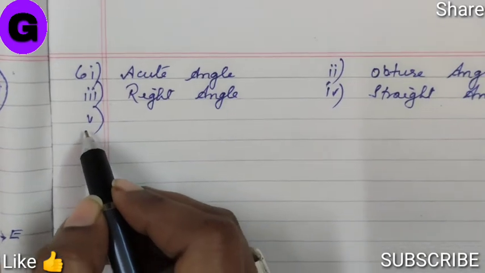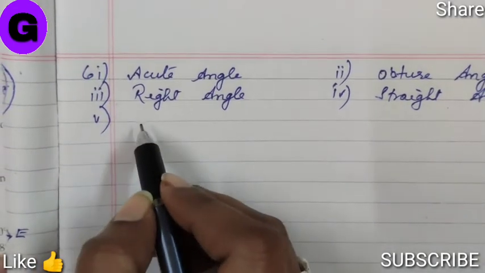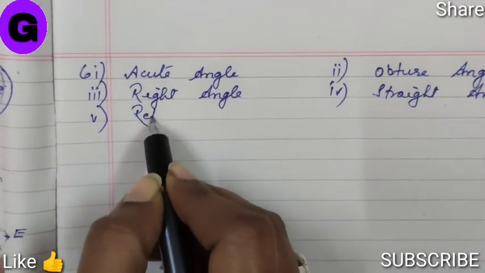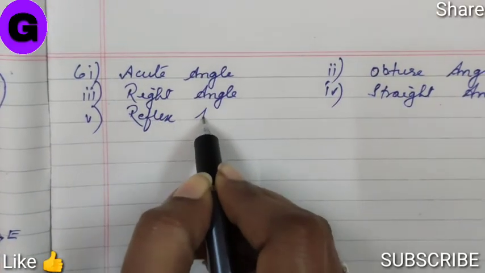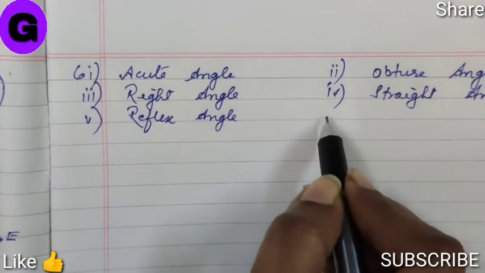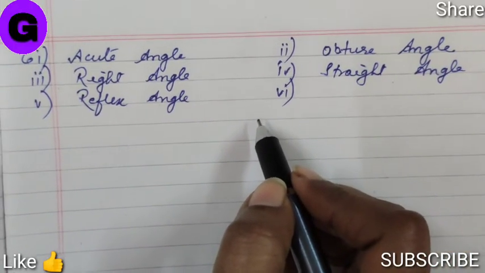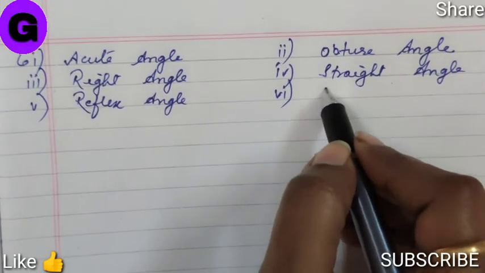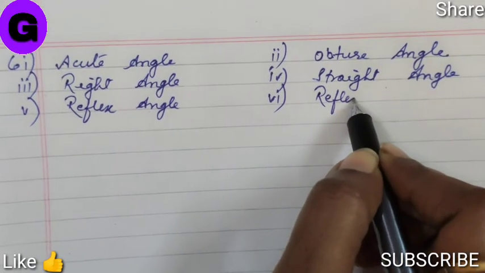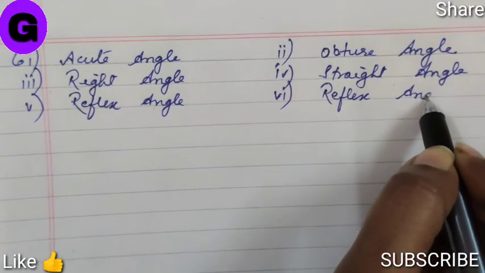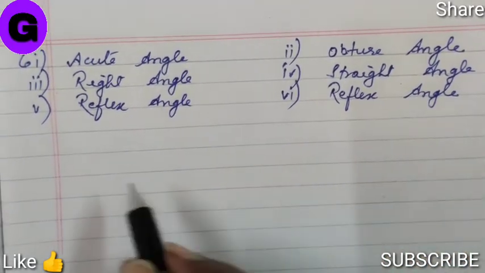Number 5. 215 degrees. Reflex angle. Number 6. 328 degrees. That is again reflex angle. That is more than 180 degrees.